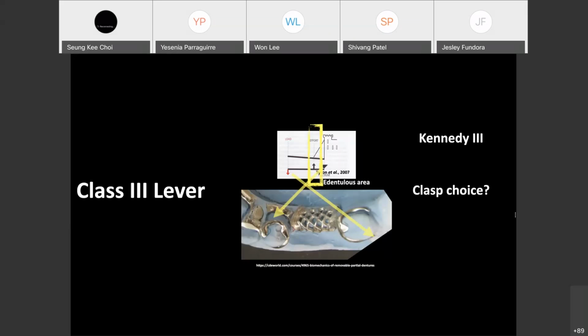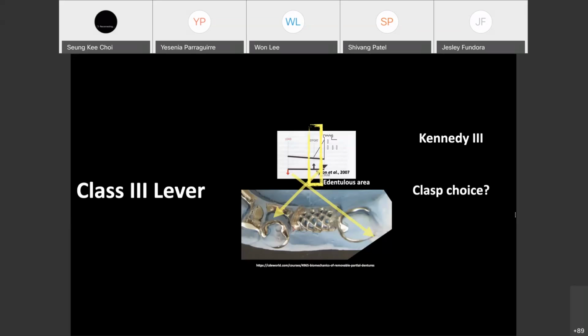Now the order is load on the right, effort on the occlusal surface of the tooth, and fulcrum on the left. So the order is reversed, but it's still a class 3 order. So this still makes a class 3 situation, lever-wise.